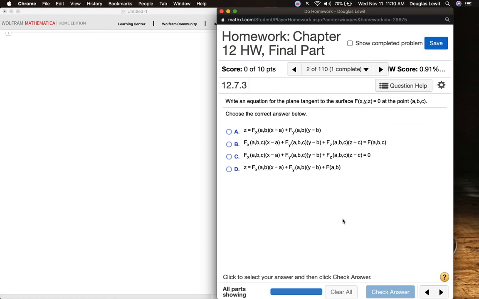Number 2: write an equation for the plane tangent to the surface f of x, y, z equal to 0 at the point a, b, c. Let me see here. So we need the partial derivative with respect to x and y.